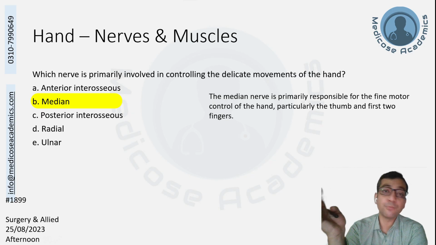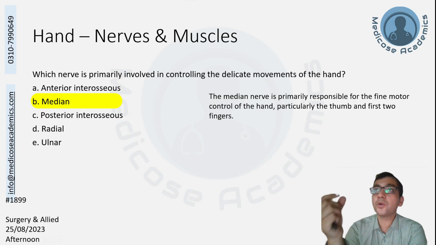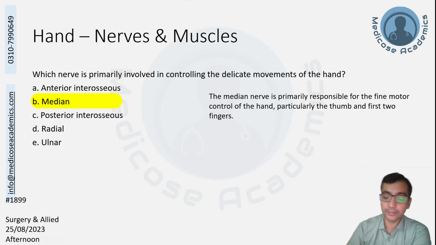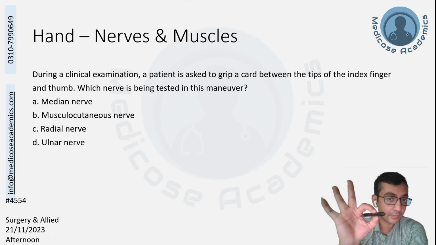If you are asked about the musician's nerve, that will be ulnar nerve. If you are talking about these, the median nerve for the delicate movements, because precision work is done by the opposition of thumb and pincer movement, that is the pinching grip. During clinical examination, a patient is asked to grip a card between tips of the index and the thumb.